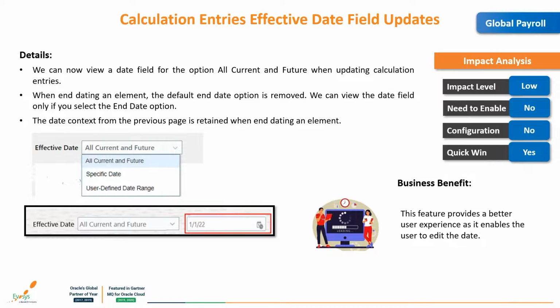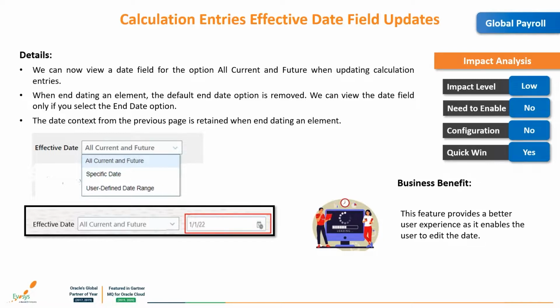In that particular page, we have an effective date field, and in that field, we have an LOV which gives us three options: all current and future, specific date, user defined date range. While the specific date and the user defined date range options, when selected, prompt the user to enter a particular date, the all current and future does not.